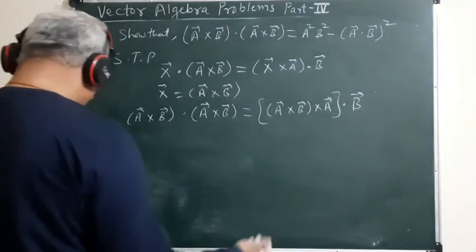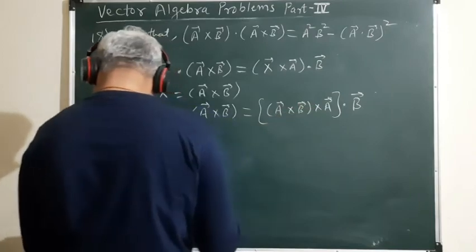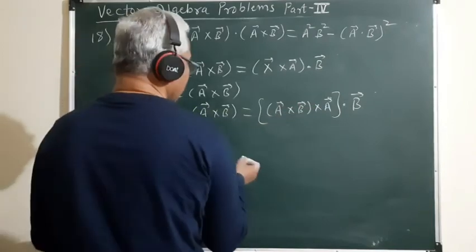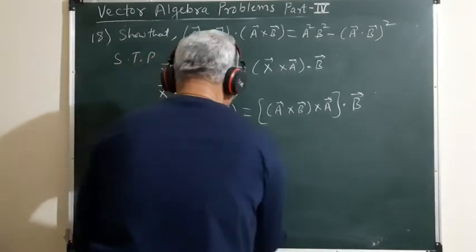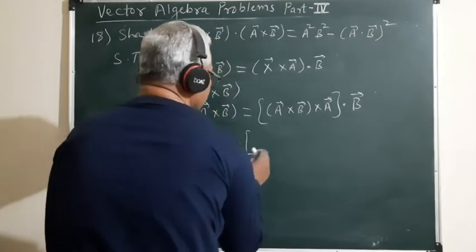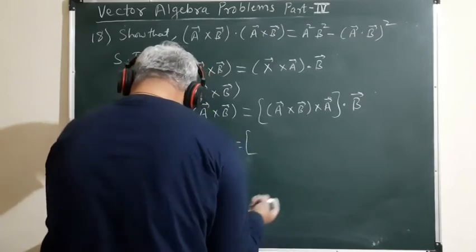So if we solve this bracket by using the definition of vector triple product, we can express it using the back-cab rule.